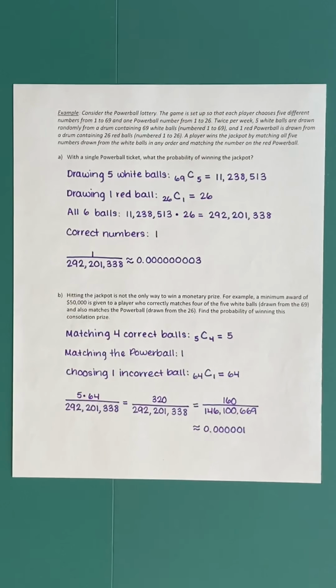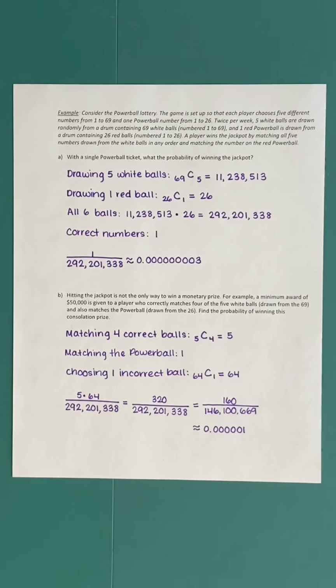So it's not entirely obvious, but this is actually a 3-step process. Why is it 3 steps? Well, we have to think about what's going on with this ticket. We're matching 4 numbers, so choosing 4 matching numbers is going to be 1 step in the process. We also have to match the Powerball. That's going to be another step in the process.